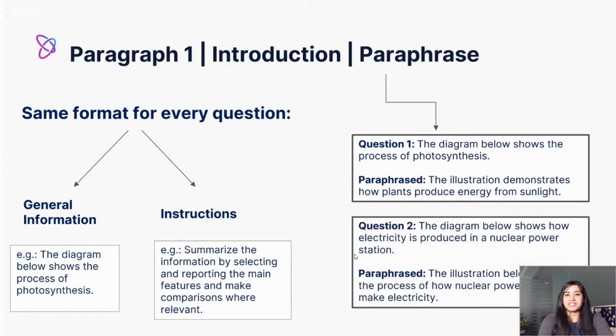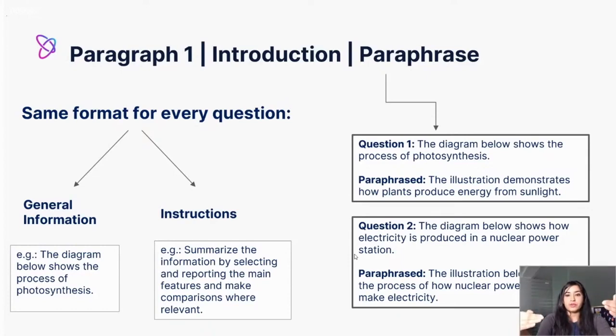Let's look at another example. Another one. The diagram below shows how electricity is produced in a nuclear power plant station. Paraphrased would be, again, the illustration below shows the process of how nuclear power plants make electricity.